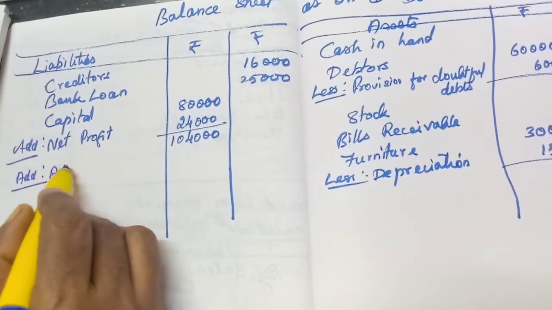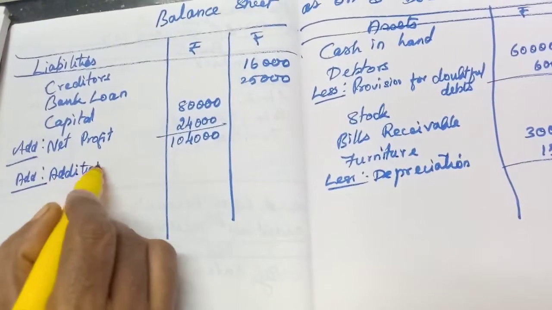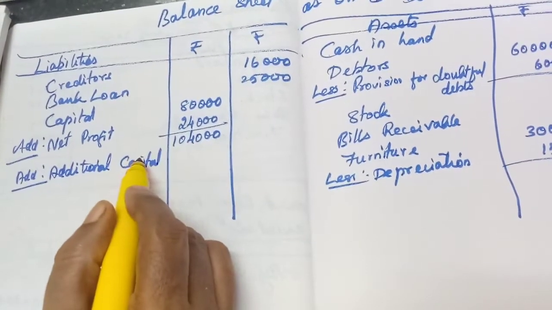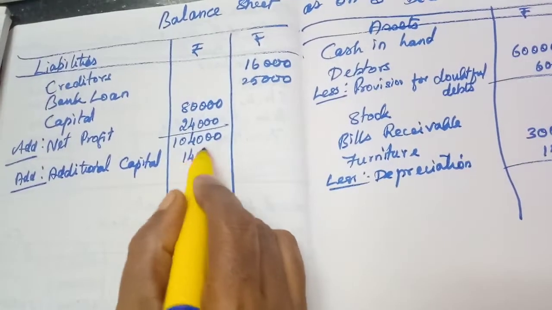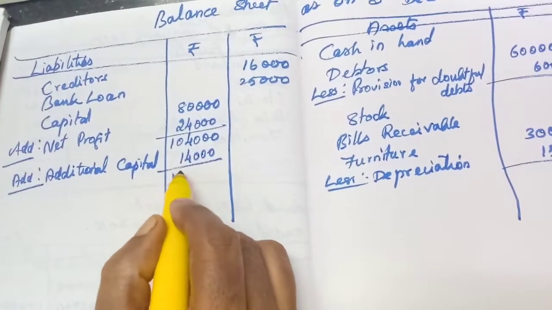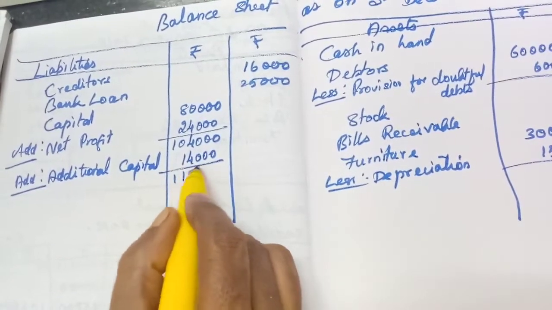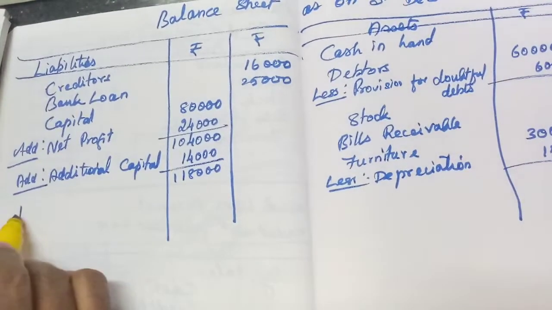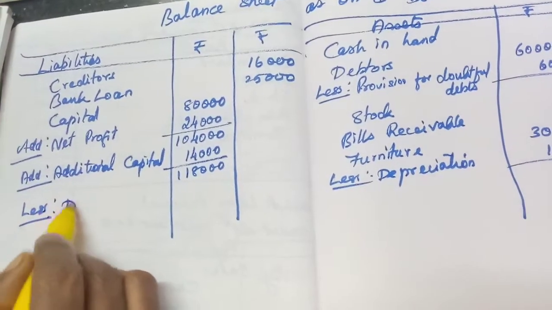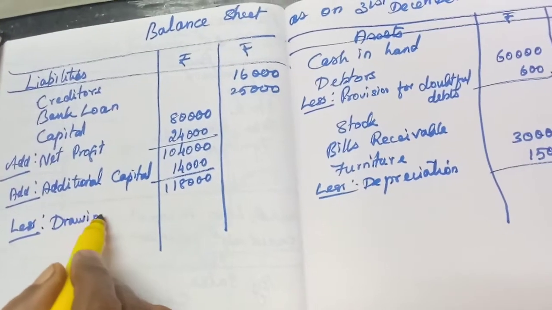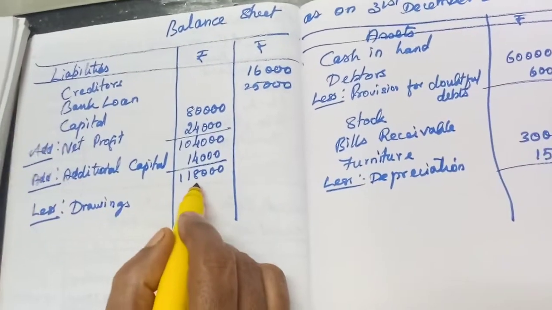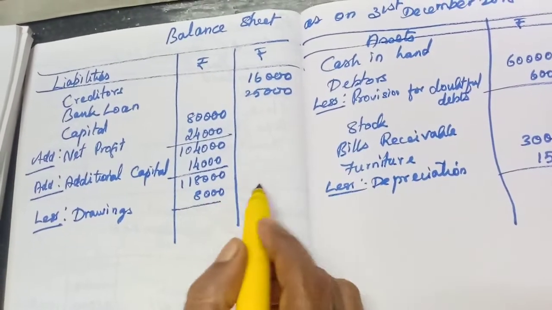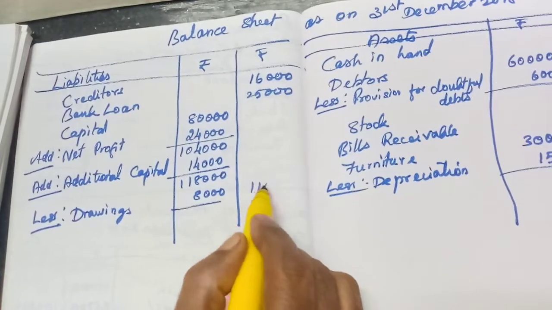So add additional capital. Additional capital how much? 14,000. Again you add. So 1,18,000. Okay. Then from this one only we need to deduct the drawings. How much are the drawings given? 8,000. So 1,10,000.